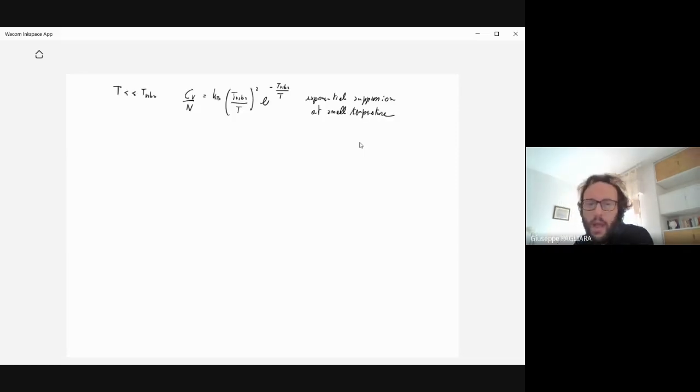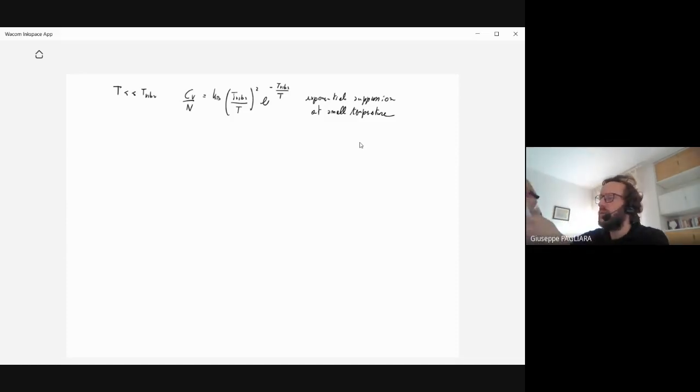So actually this heat capacity per particle is not constant, as I would predict from classical theory, but depends on the temperature. In the limit of large temperature it is indeed just kB, the heat capacity per particle, whereas in the limit of small temperature I have an exponential suppression.